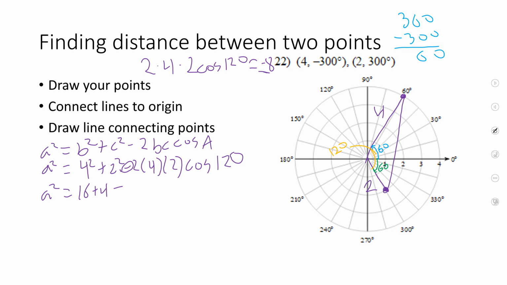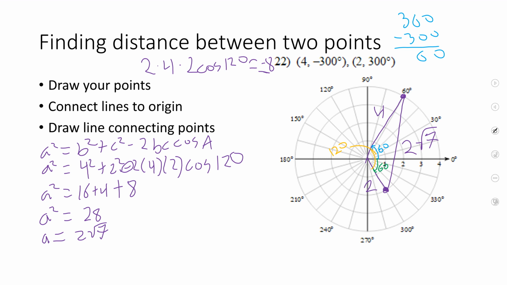When I subtract my negative 8, that's going to give me a positive 8. And so a squared is going to equal 28. So a is going to equal square root of 28, which is just 2 radical 7, correct? I hope so. This could be embarrassing. 2 radical 7. So there's my distance right there.